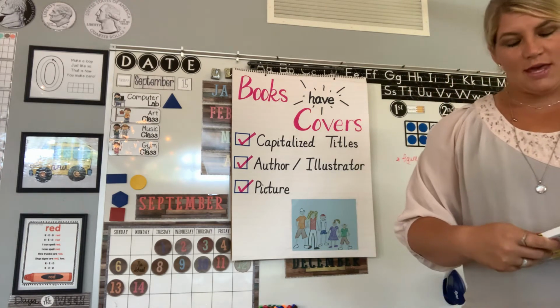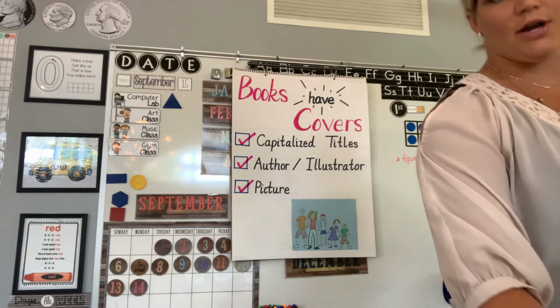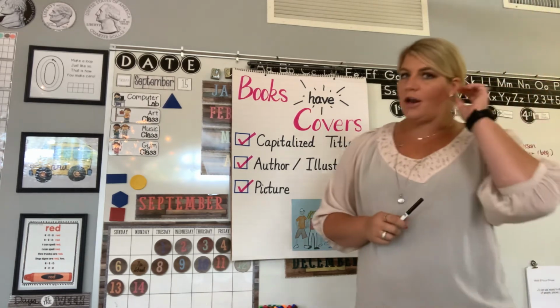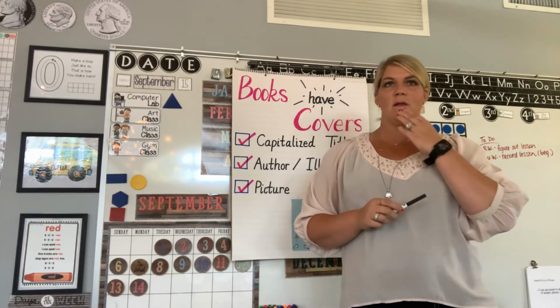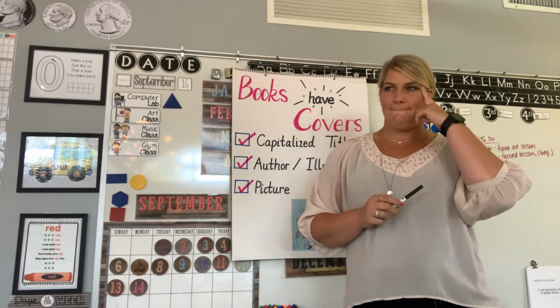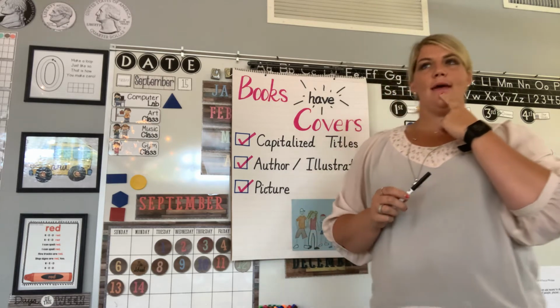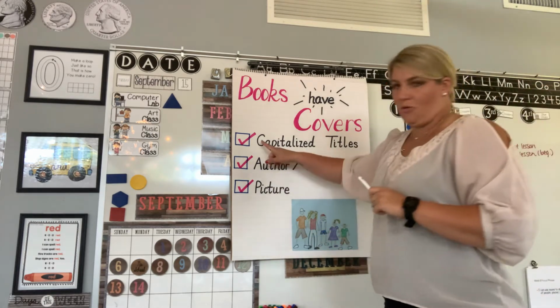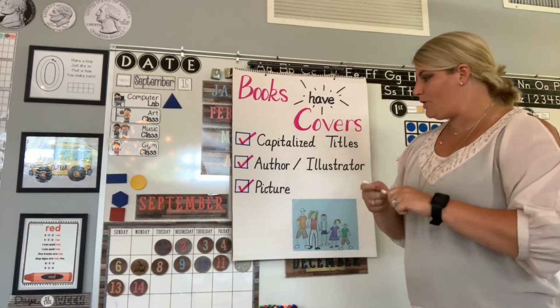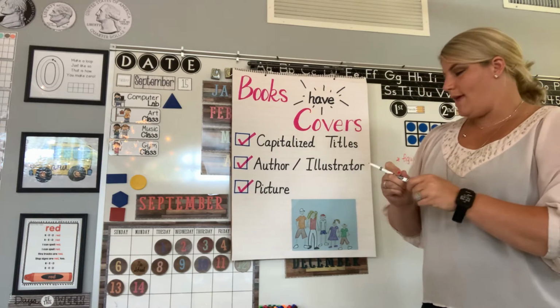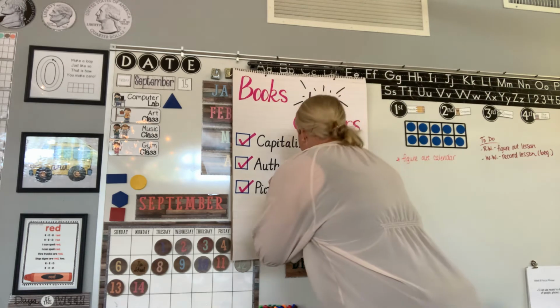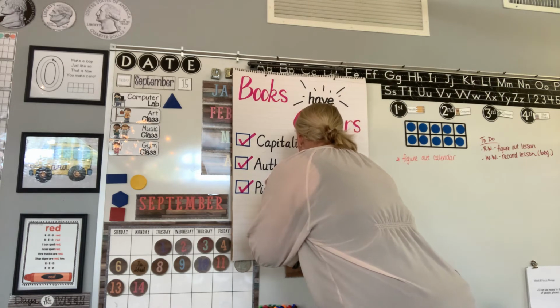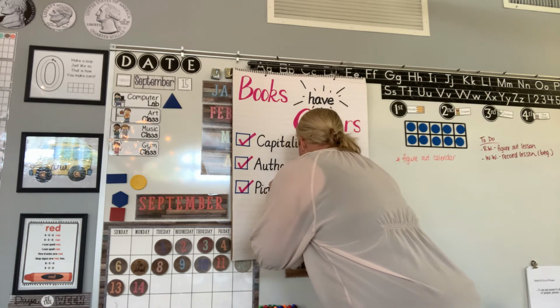We know that each letter makes a sound. I know that is the letter M. I also know that I need to have a capital title. M needs to be a big letter, uppercase. So I'm going to write an uppercase M.